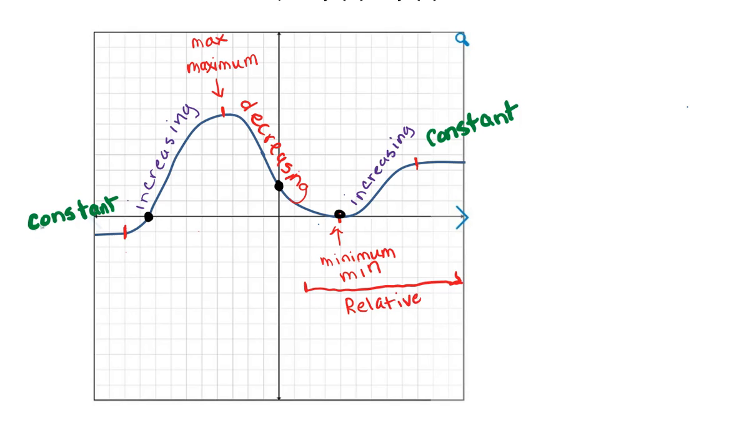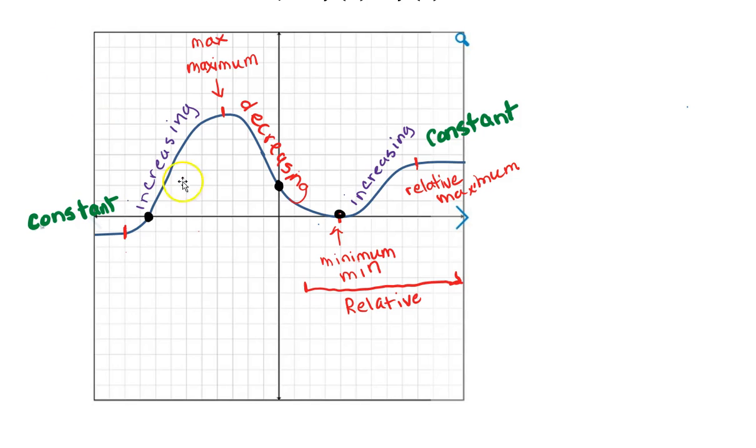This is still going to be my minimum, right? This is still going to be my minimum. And then here is going to be my relative maximum, because that's as high as it goes, right? It doesn't go any higher than this. So our relative maximum. All right.